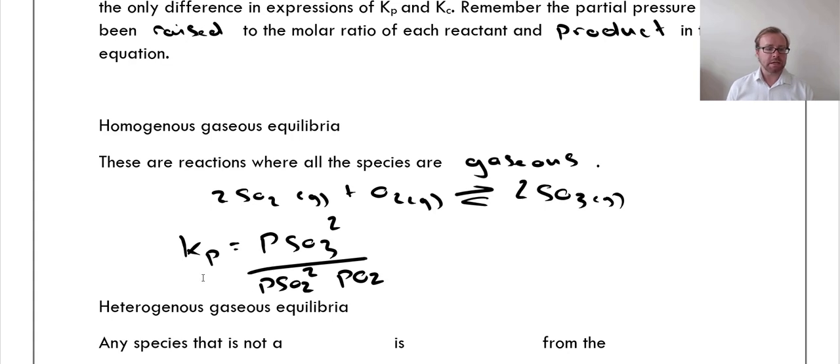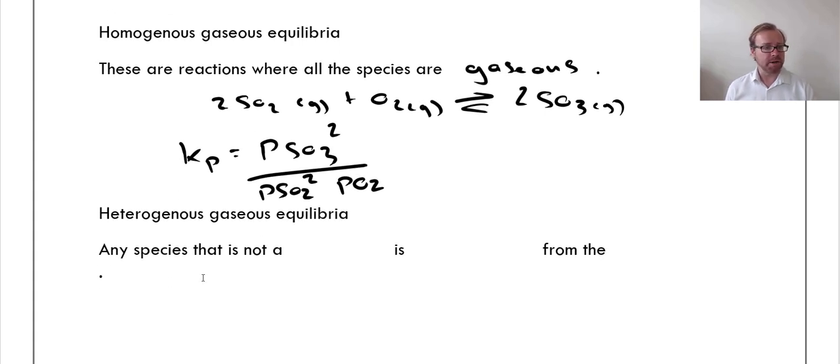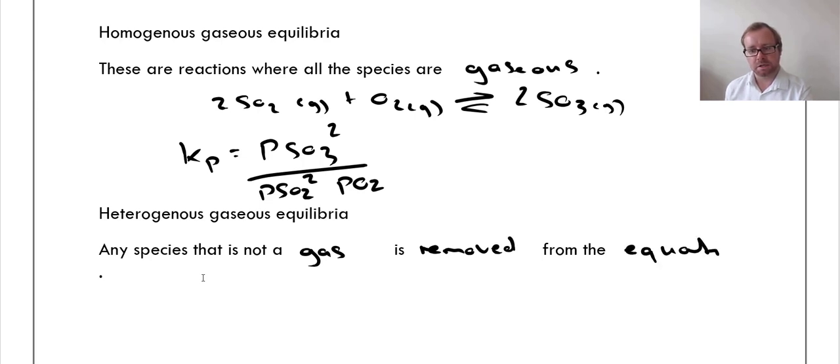Simple. Heterogeneous gaseous equilibria. So any species that is not a gas is removed from the equation.